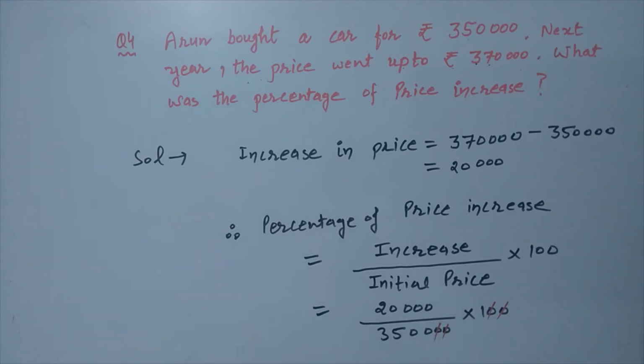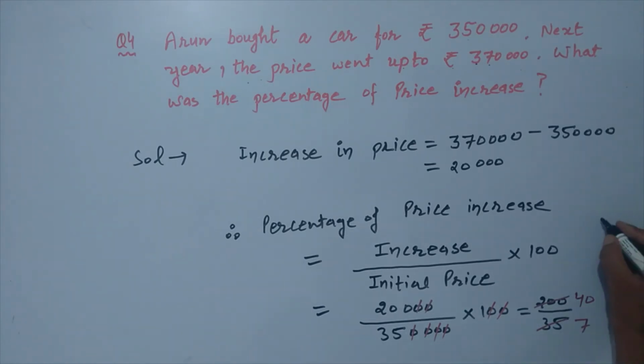Two zeros cancelled, right? So we are left with 1 0, 2 zeros are here also cancelled. So what are we left with? 200 divide 35. Again cancelling with the table of 5. 5 into 4, 20, 40, 7. 7 into 5, 35.